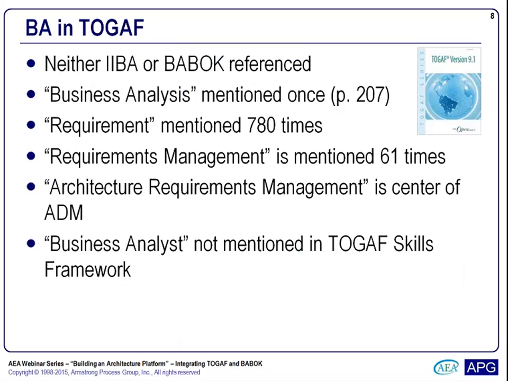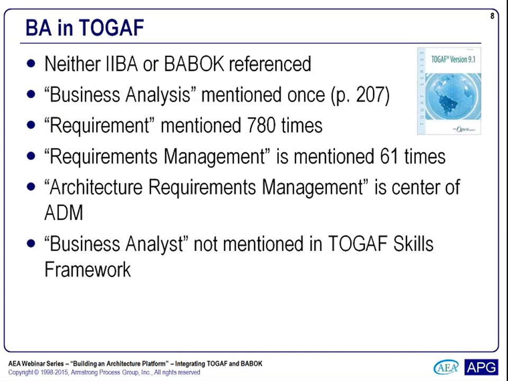Neither IIBA nor the BABOK is referenced at all, which to me seems like a real shortcoming, particularly as the Open Group's tagline is "making standards work," and I have always interpreted that as being very broad: it's not just about Open Group standards, it's about all standards.